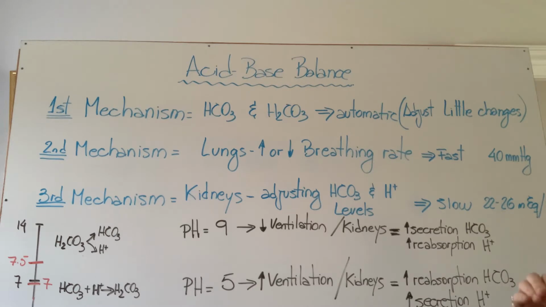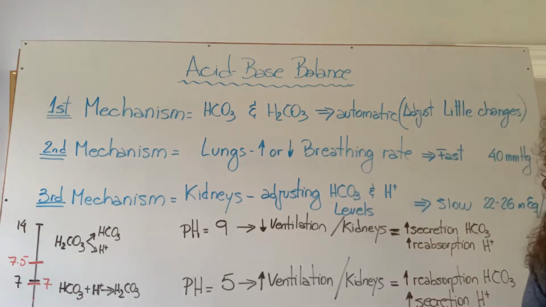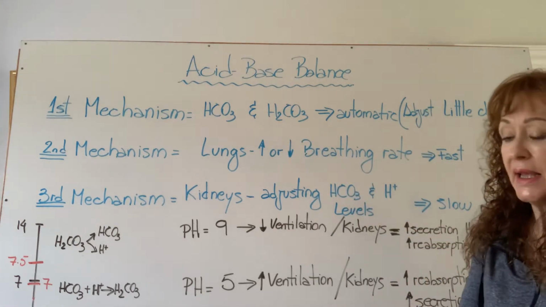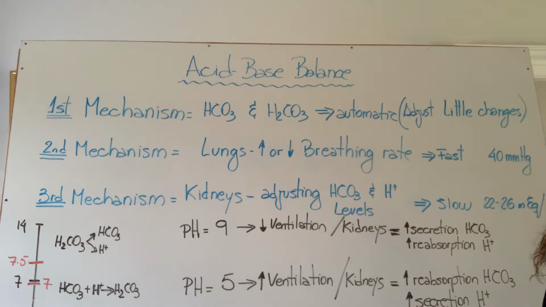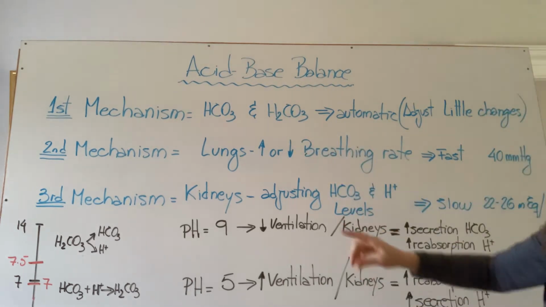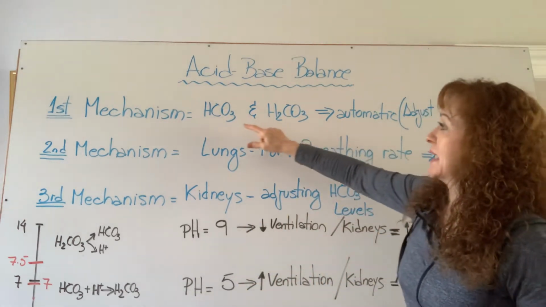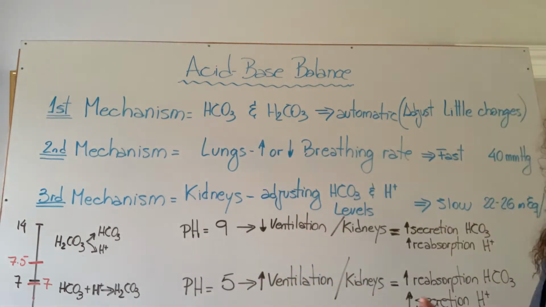In that little deviation, these two molecules play between each other, either acting as an acid, that is carbonic acid, or as a base, that is bicarbonate, because it's absorbing hydrogens.